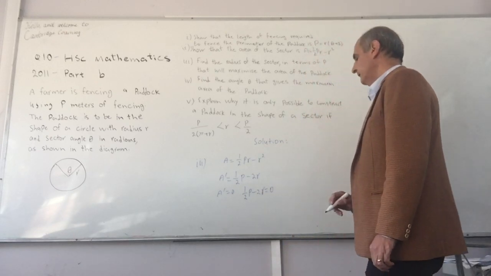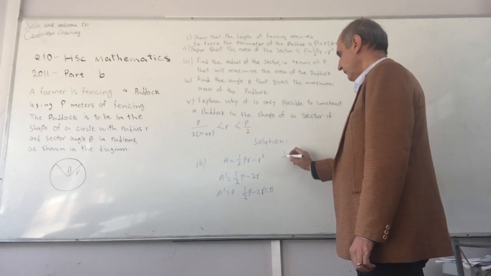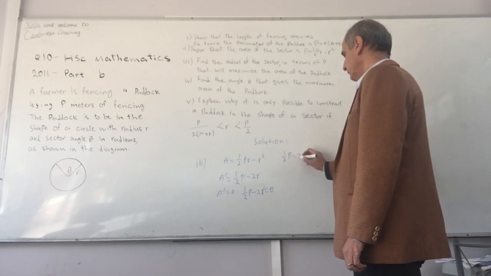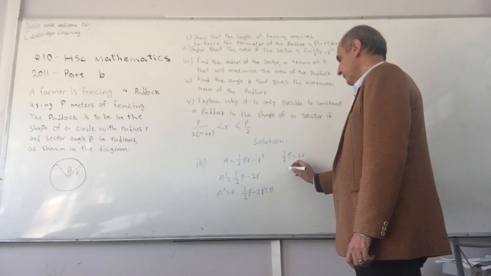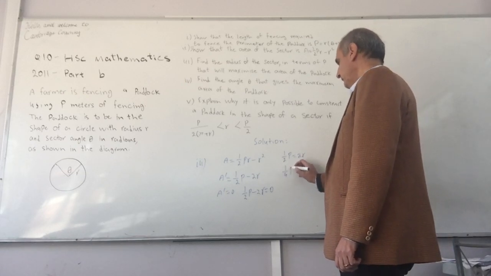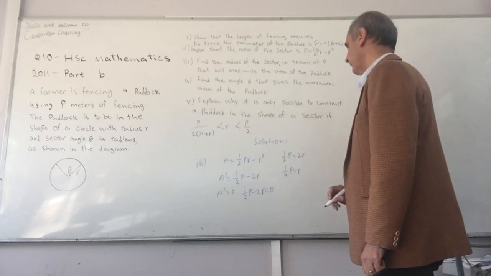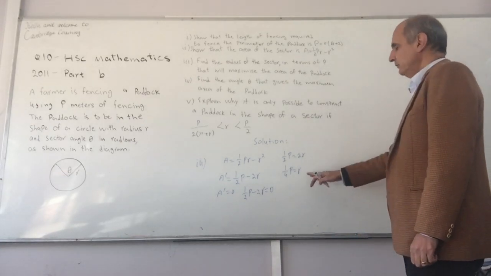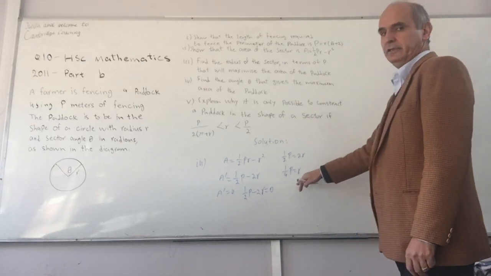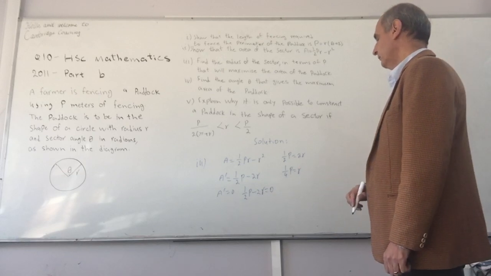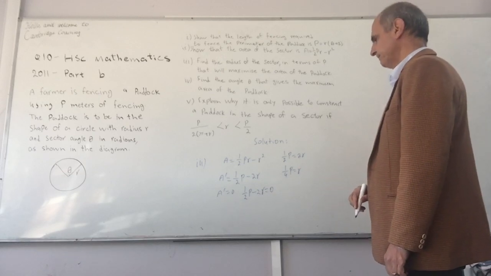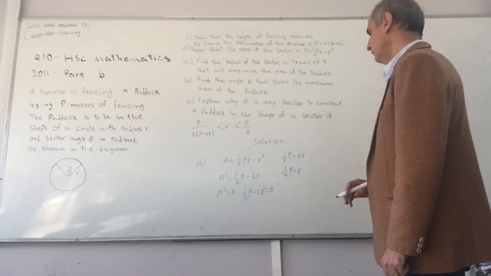And from that I find the value of r. So half P is equal to 2r. Divide both sides by 2, you get a quarter of P is equal to r. So that value of r is likely to give me the maximum possible area. But we need to check it.